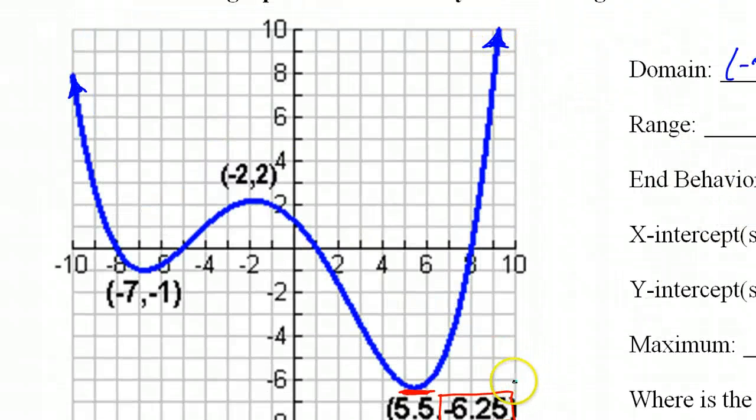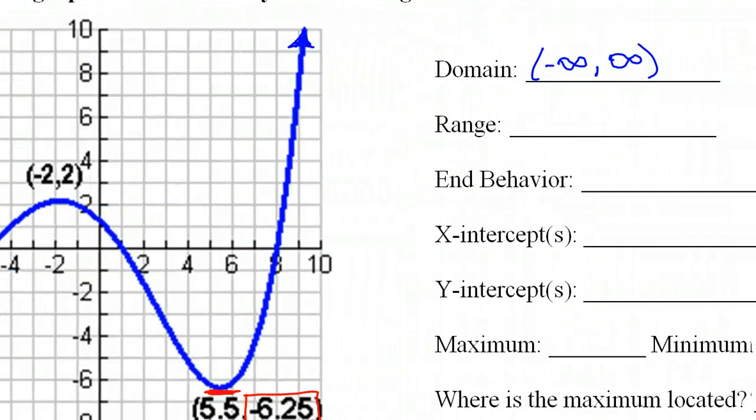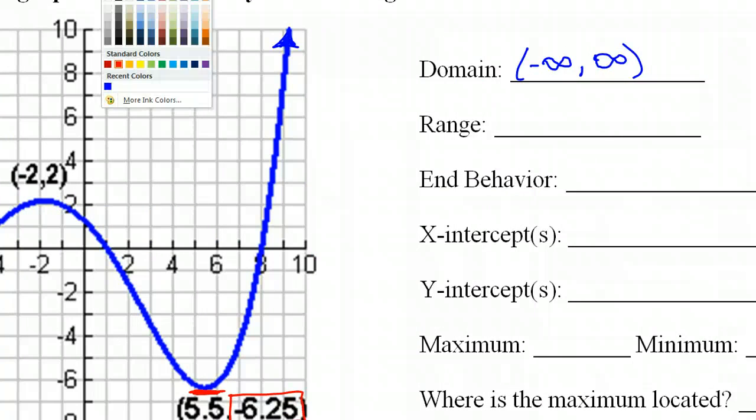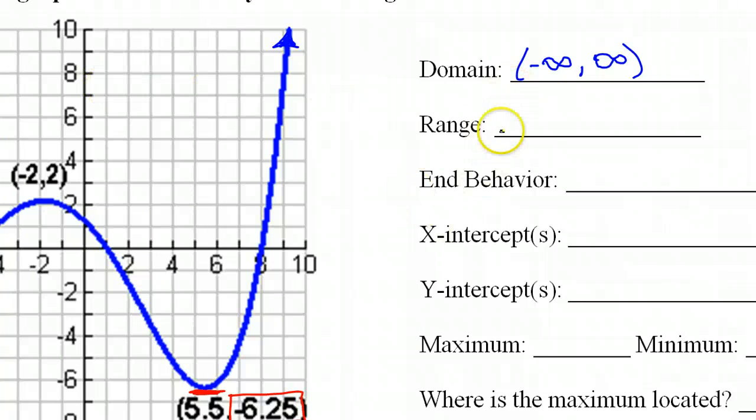So the range is going to go from negative 6.25 to infinity, bottom to top. It has to be in that order. So negative 6.25 to infinity, and we will include the negative 6.25 with a bracket.